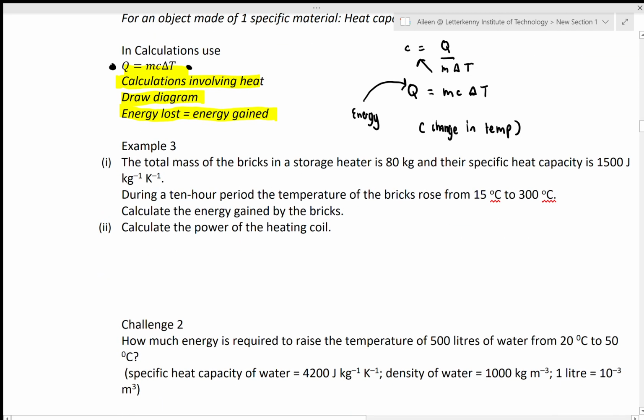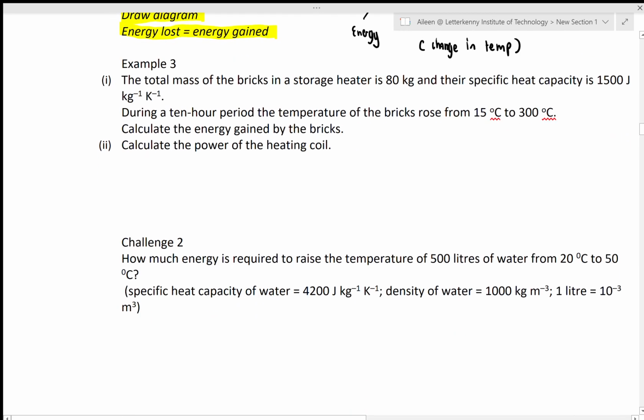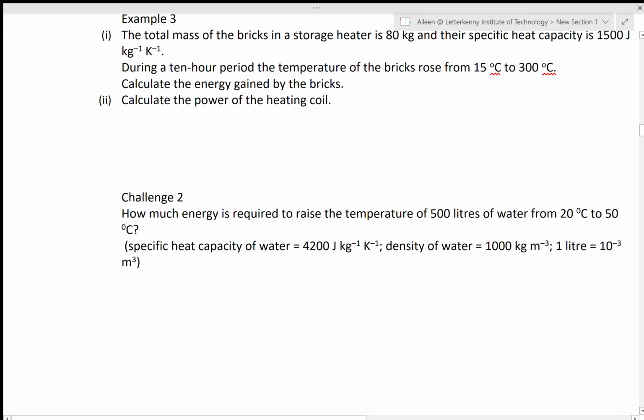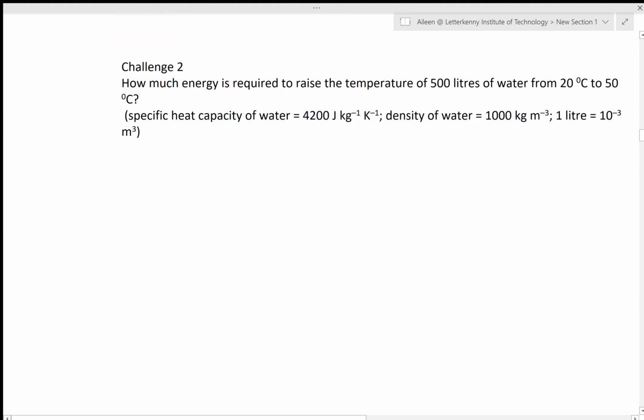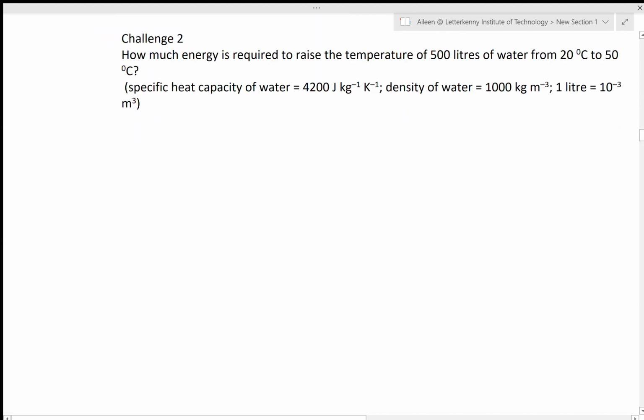Let's look at challenge 2. Challenge 2 asks, how much energy is required to raise the temperature of 500 litres of water from 20 degrees to 50 degrees? Okay, so let's figure out what we have. So we want the energy required. So I don't know that yet.